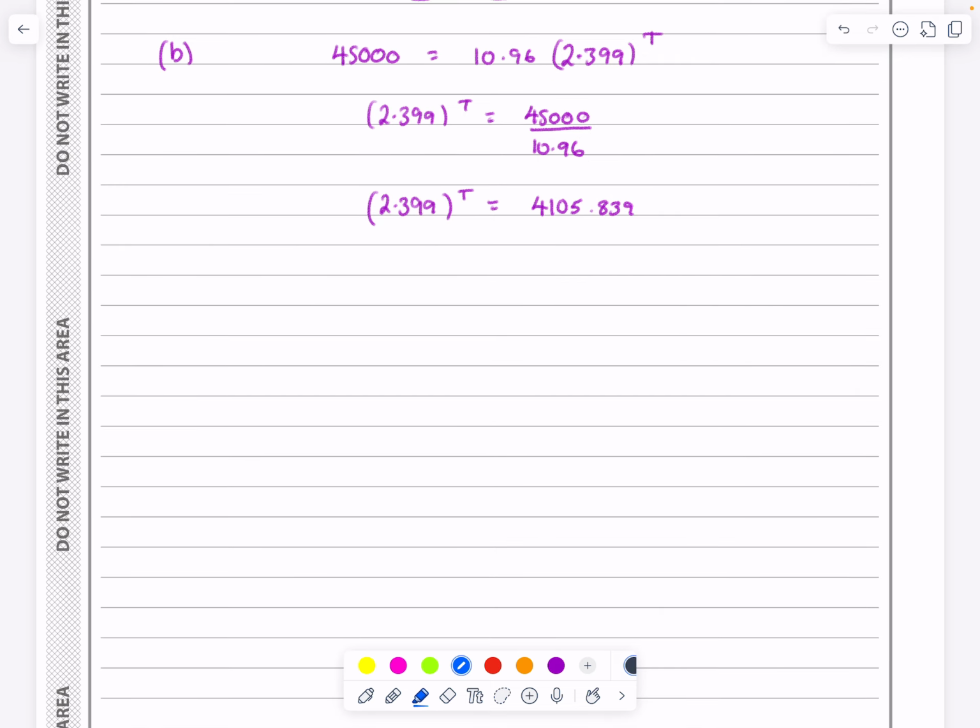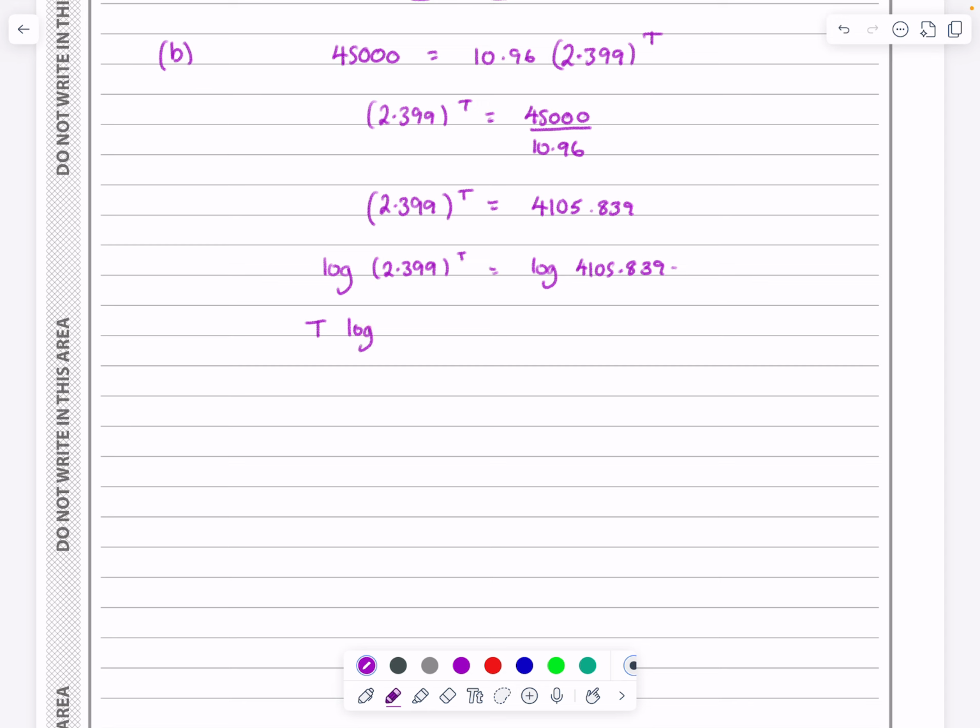And then how do we sort out an equation where we've got our unknown as the power there? Well, again, we use logs, don't we? So if I take log of both sides, log 2.399 to the t is going to be log of this number here. And then the whole point about doing that is using the same rule as we did previously. We can now take this t down following one of our log rules.